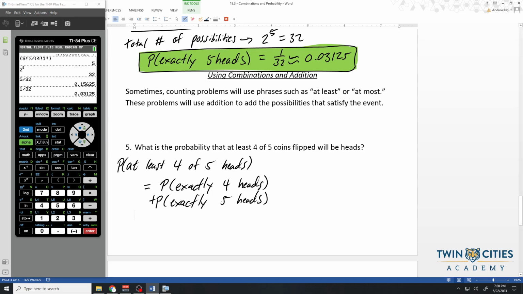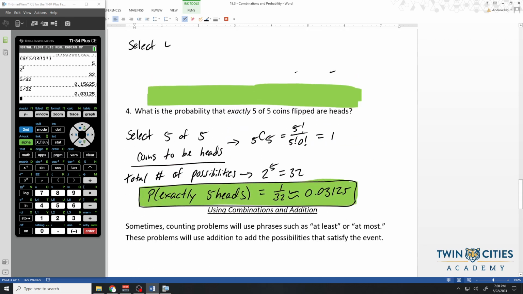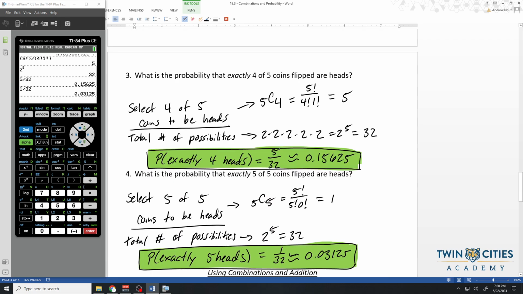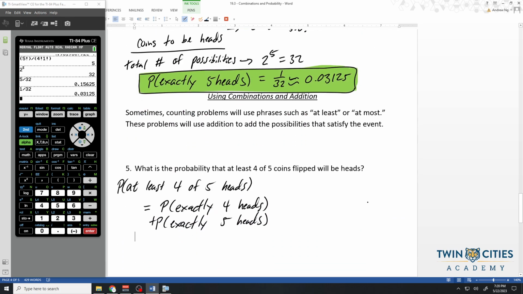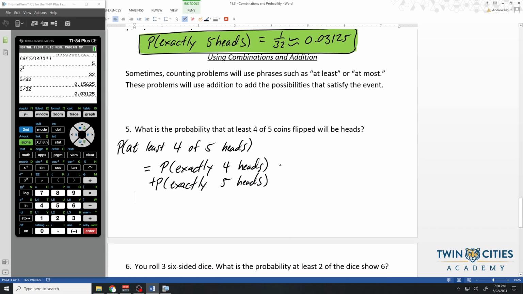Well, exactly 4, we found that earlier. That is 5 over 32. So this is 5 over 32. And exactly 5, we just found that. This is 1 over 32. Adding those together, I get 6 out of 32.